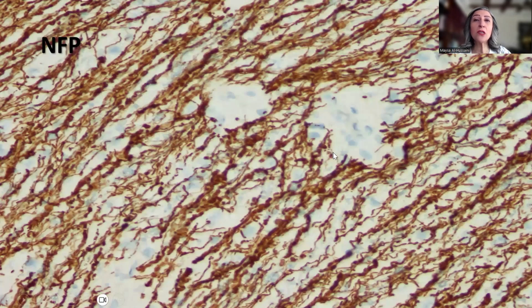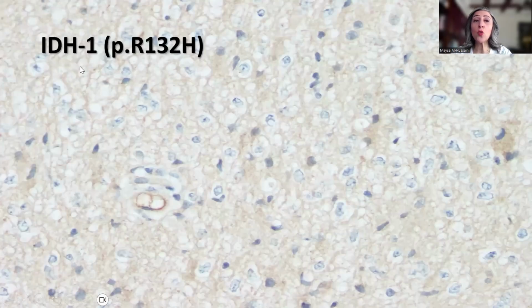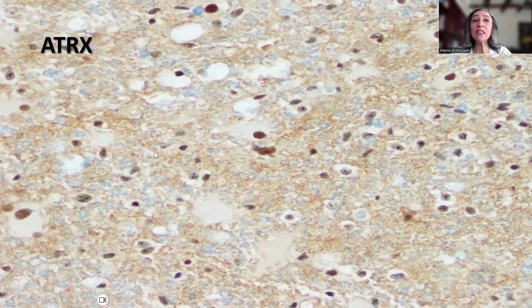However, remember that this is a suprasellar mass in a young patient, and we have always to keep pilocytic astrocytoma in the differential diagnosis. The IDH1 immunostain was completely negative.